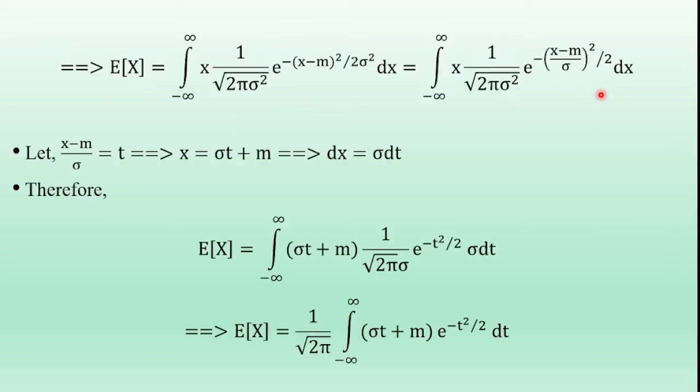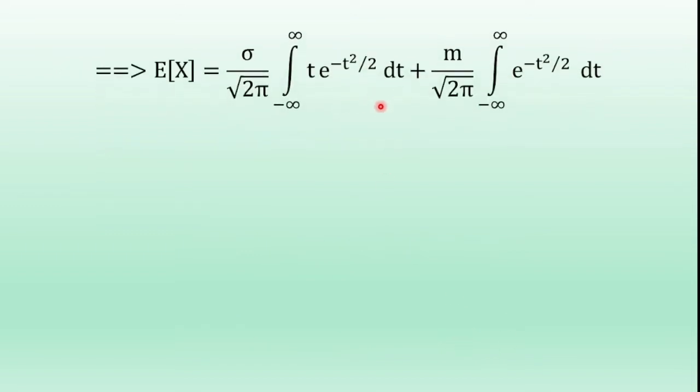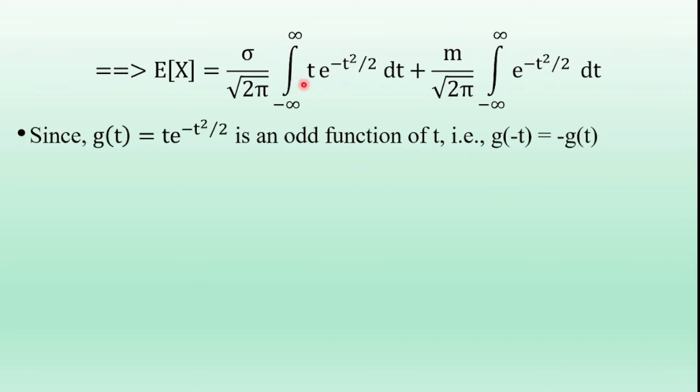Now on the RHS of this equation, the first integral term is sigma by square root of 2 pi integral of t into e power minus t square by 2 dt.